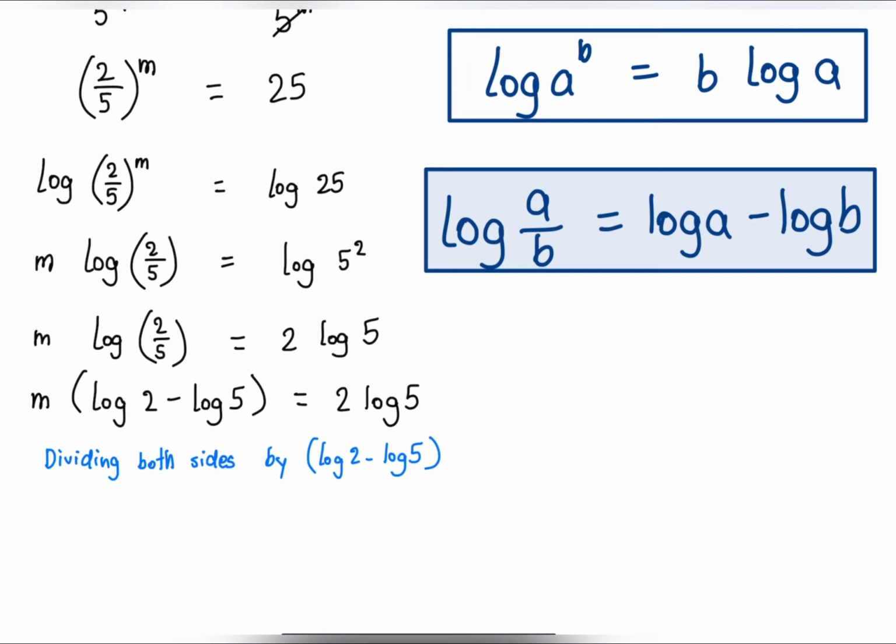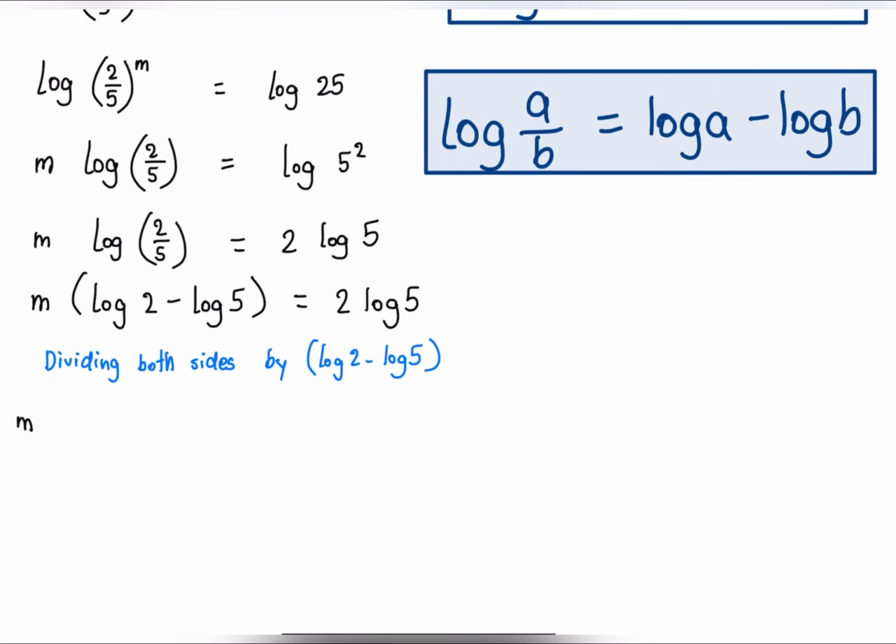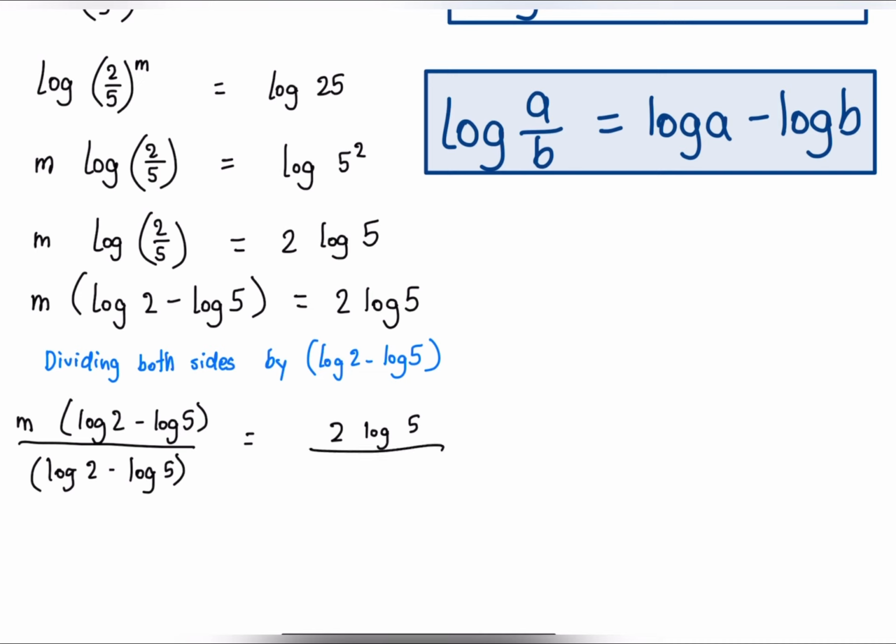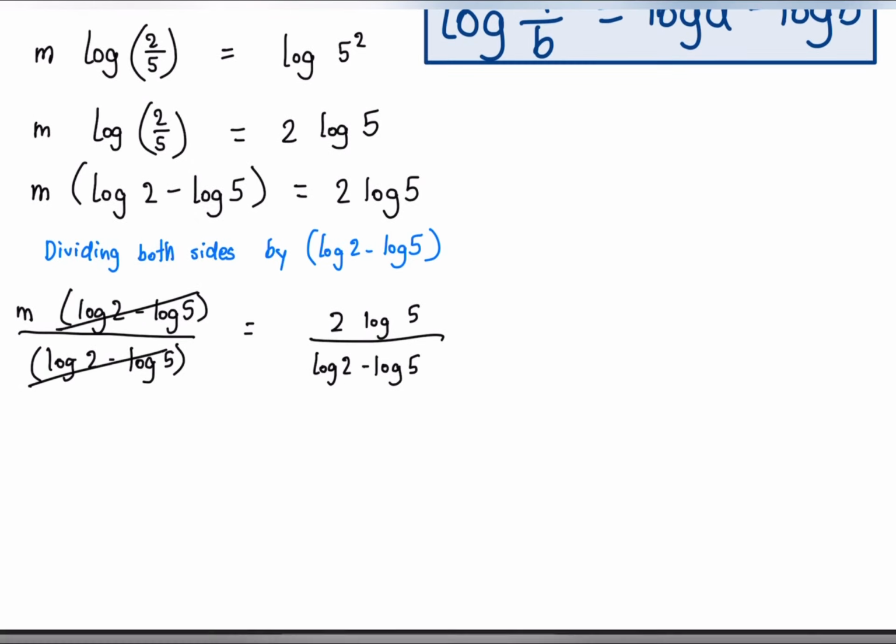So let's go ahead and do that, and that gives us m times log 2 minus log 5, and if you've been paying attention, you would know that this is going to cancel out in our next step, but I'll still just write it right over here. And then we have 2 log 5 divided by log 2 minus log 5. So this cancels out, leaving us with m is equal to 2 log 5 divided by log 2 minus log 5.